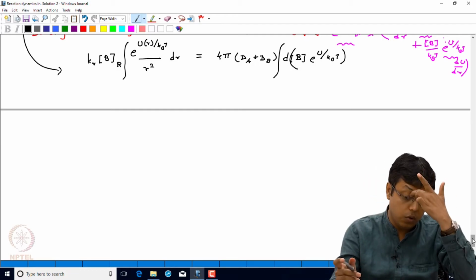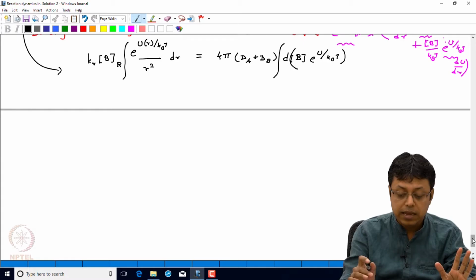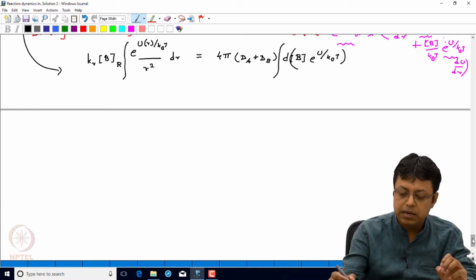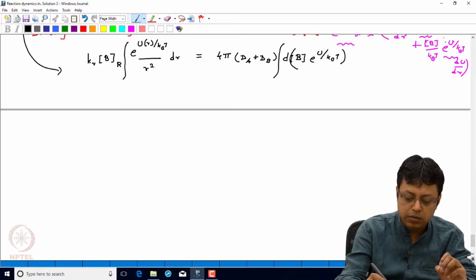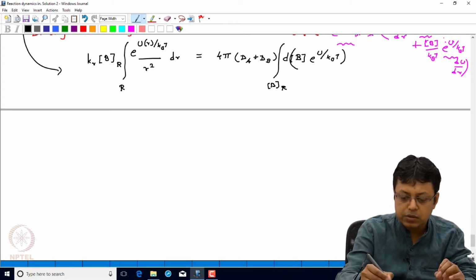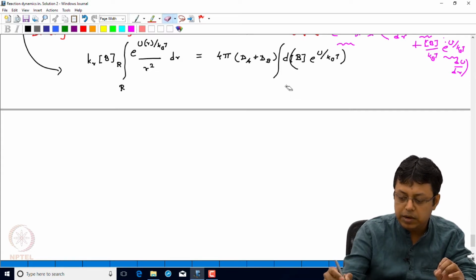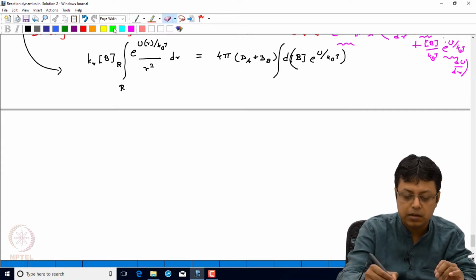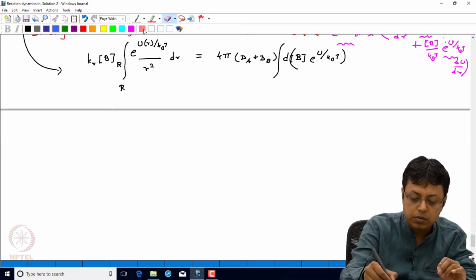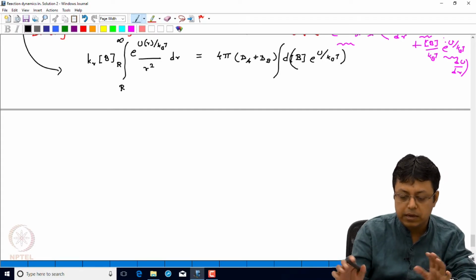So I am just keeping it as constant, and I know that b is equal to b(R) at r equal to R. Let us not write the limits right now, because we will be evaluating it at small r equal to R and small r equal to infinity.